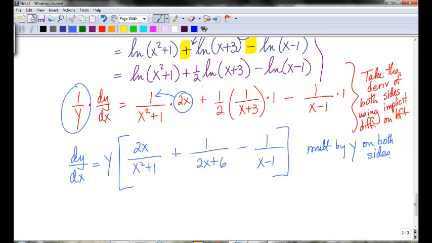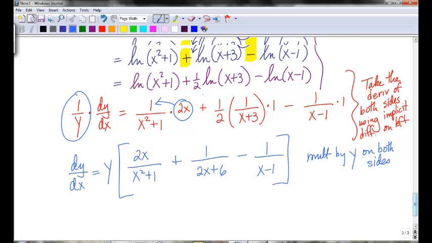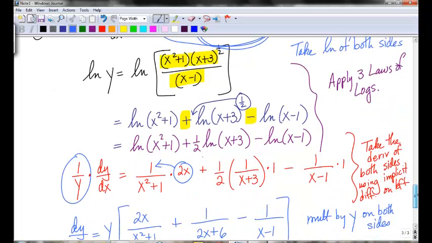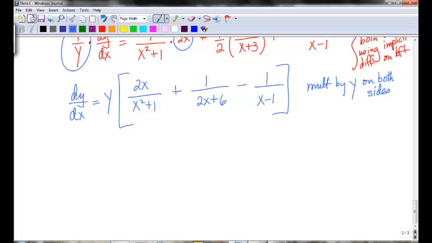But what does y equal? What did y equal? Yeah. You got to sub all this in for y. Oh boy. Okay, so derivative of y with respect to x. We got to sub in for that.